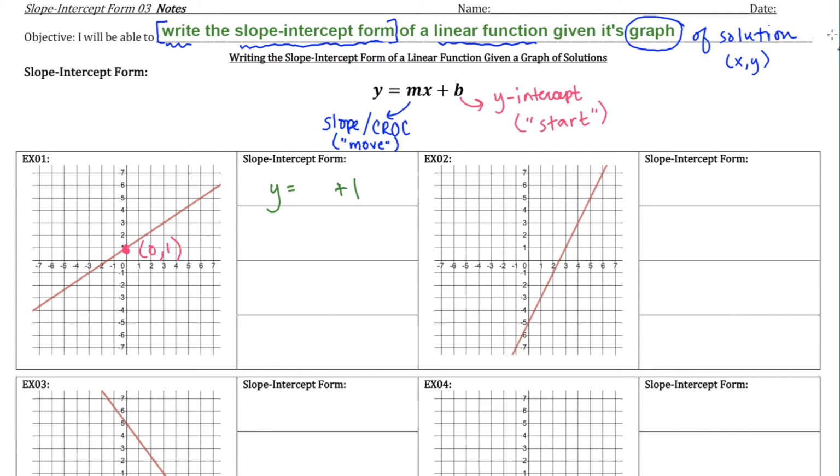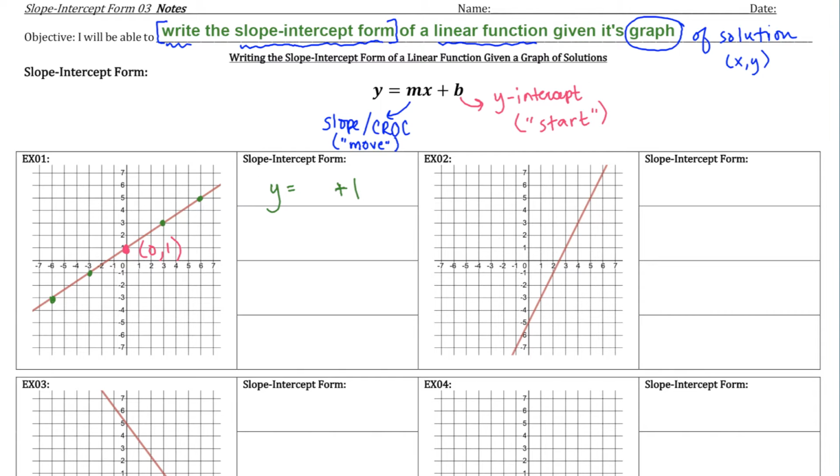And now we need to figure out how we move. So let's go ahead and find some more points. Remember, there's a bunch of points, but I'm going to choose the nice integer and whole number ones. They will make this a lot easier.